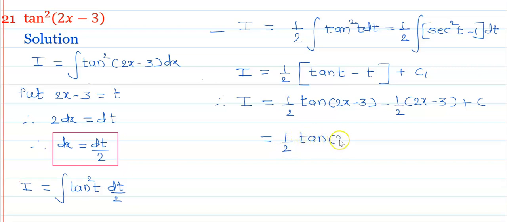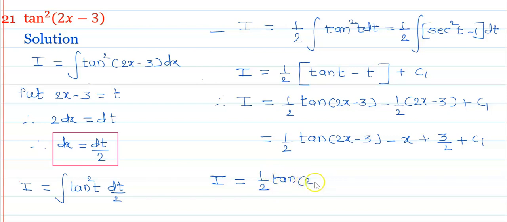Next, simplification: 1 upon 2 tan of 2x minus 3, if you simplify it, then you will get minus x plus 3 by 2, which I will treat with c1, plus c1, and overall the integral is 1 upon 2 tan of 2x minus 3 minus x plus c.